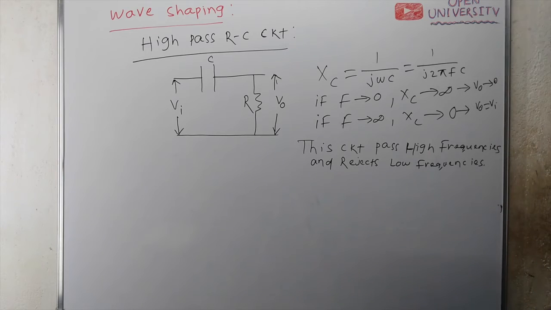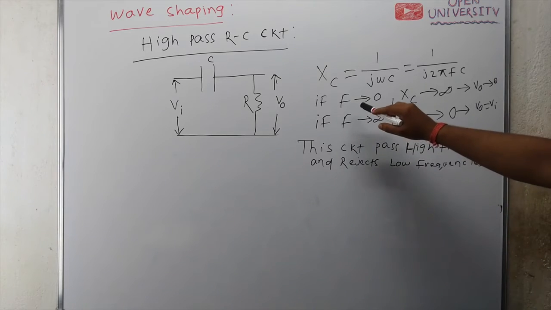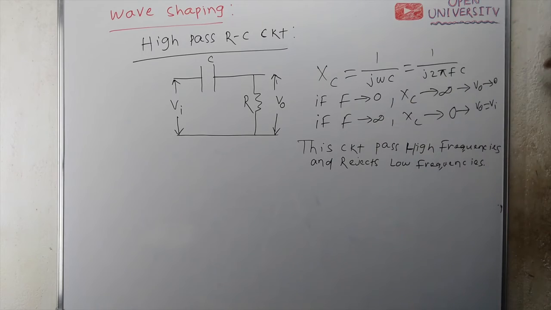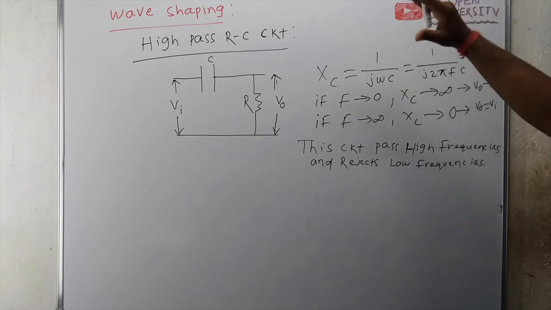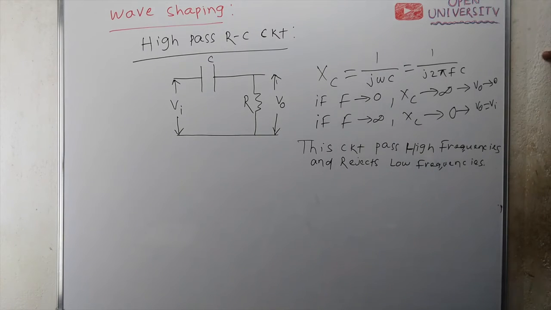Because when the signal that you apply has a very small frequency, then this circuit will reject it. No output will be obtained. And if input signal frequency is very high, then output is obtained.